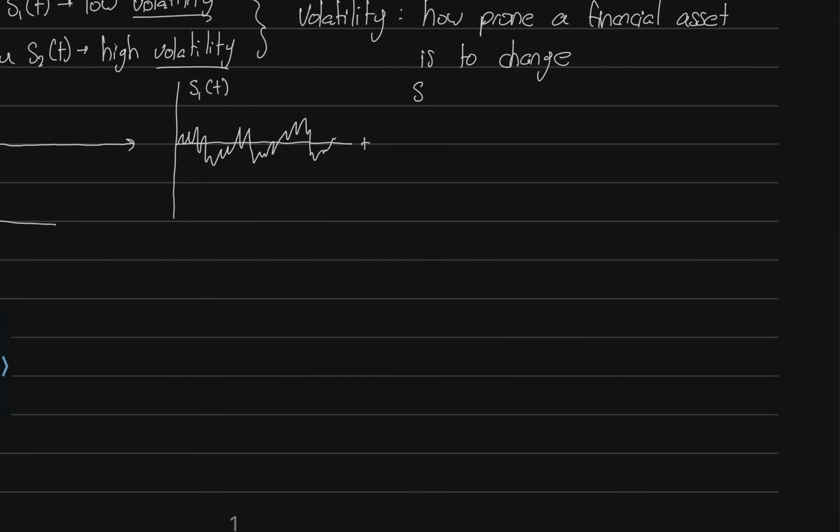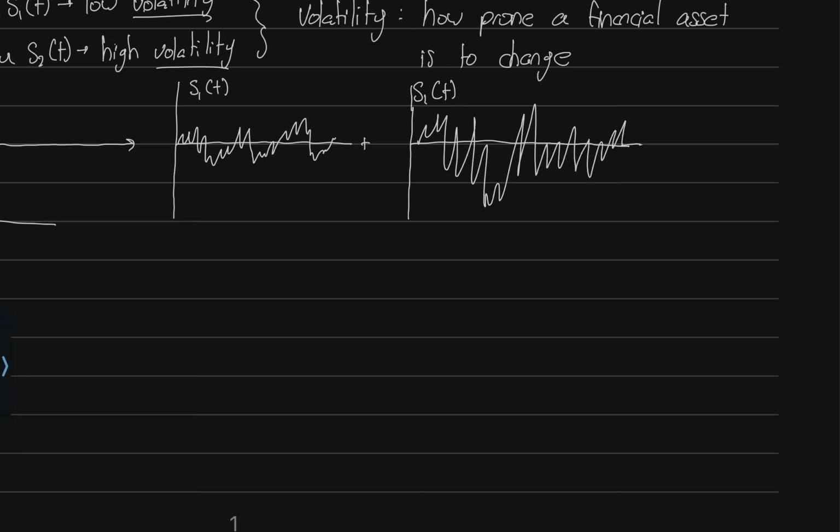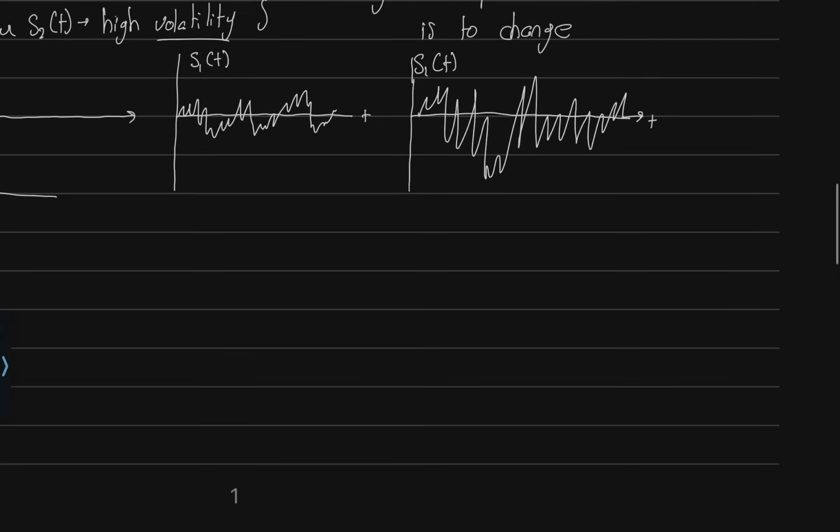Whereas S2 of t will probably look something more along the lines of this. So again, this is low volatility, and this is high volatility.